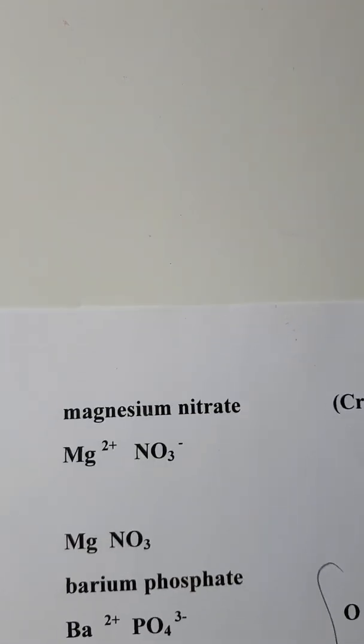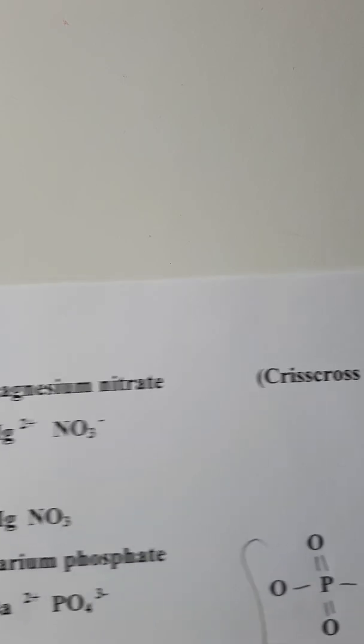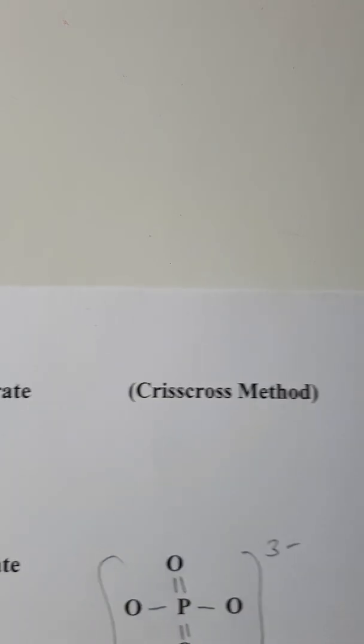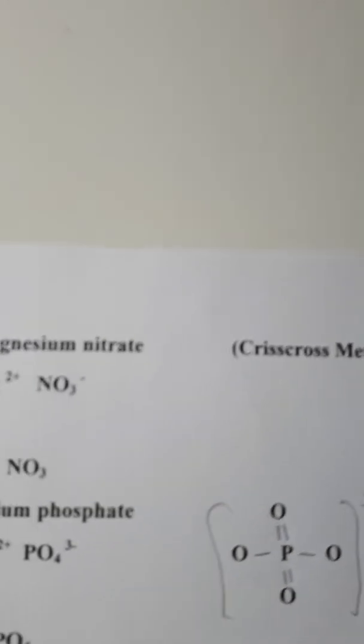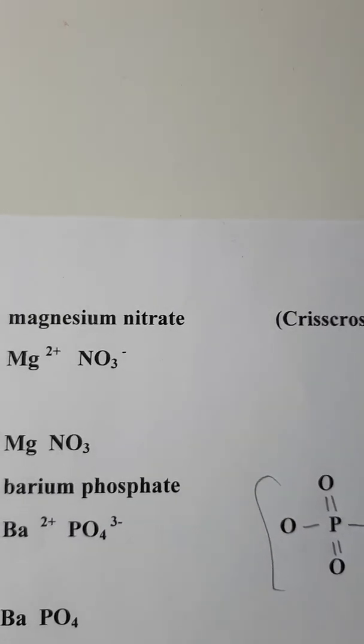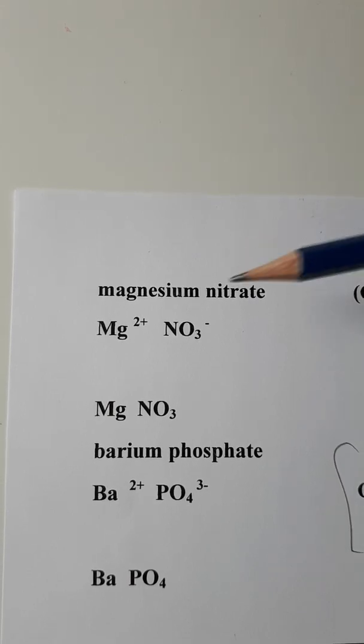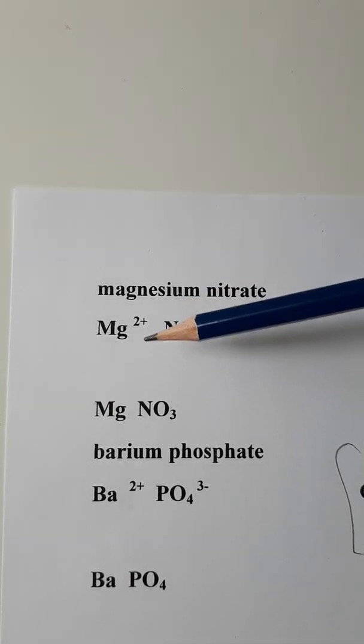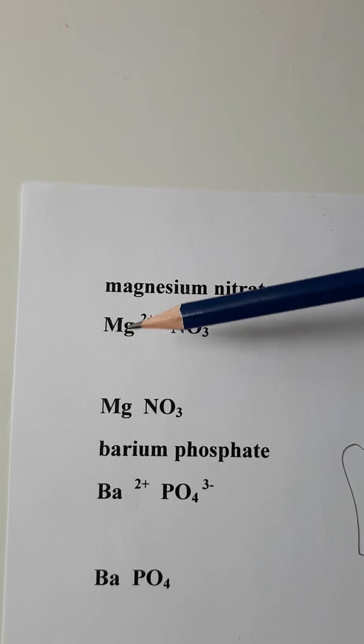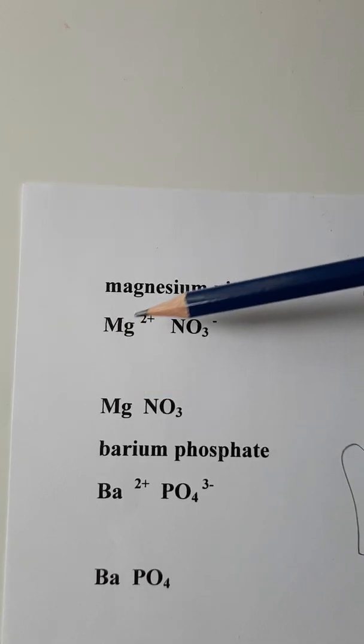For example, magnesium nitrate. We can use our crisscross method. If you can remember our previous lessons, magnesium ion is Mg2+, because magnesium atom is in group 2. It is getting rid of 2 electrons to become stable.